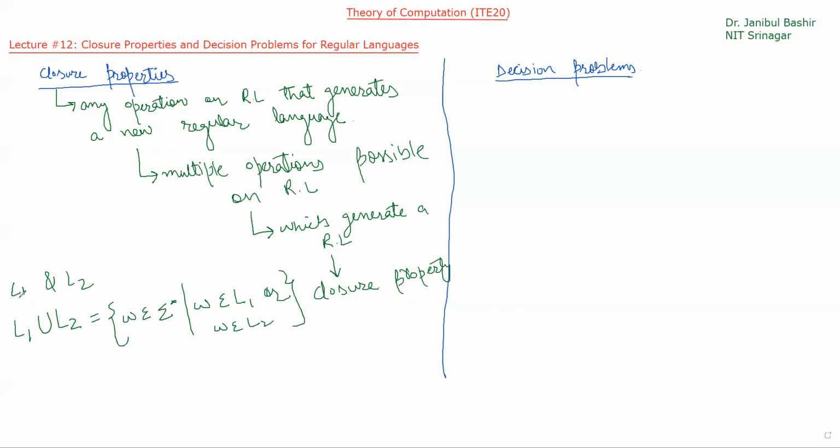So if I am doing the union operation on two languages, then I am getting this particular set, which means I am getting a new language.